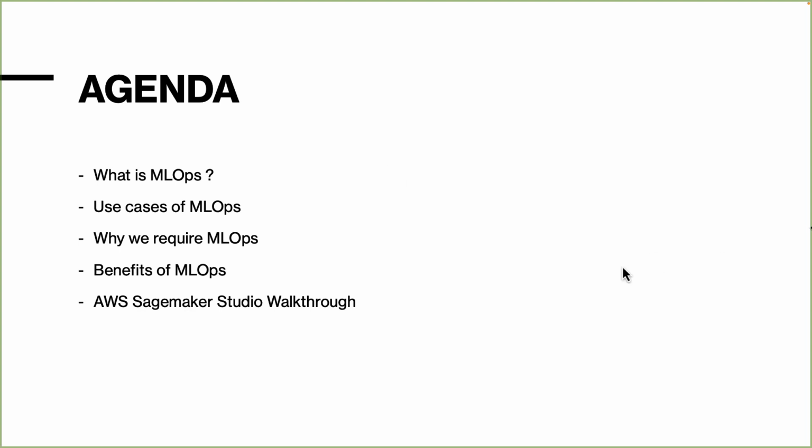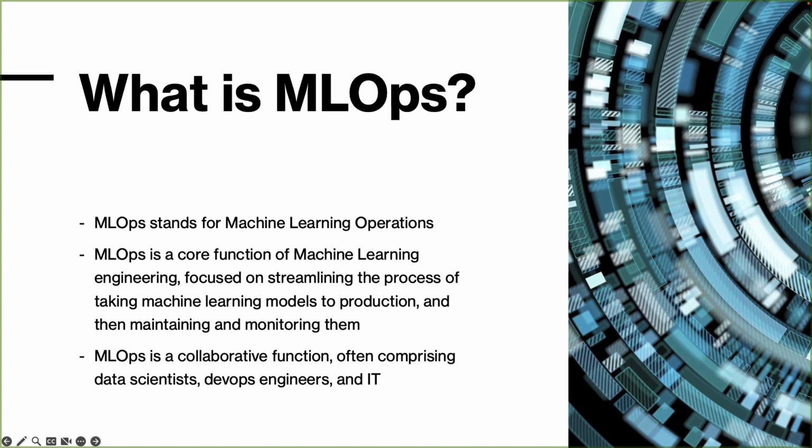Okay, so let's get started and understand what exactly MLOps is. MLOps stands for machine learning operations. I can say MLOps is a core function of machine learning engineering, and it is focused on streamlining the entire process of taking machine learning models to production.